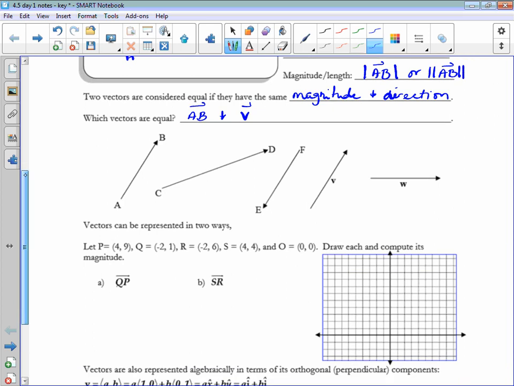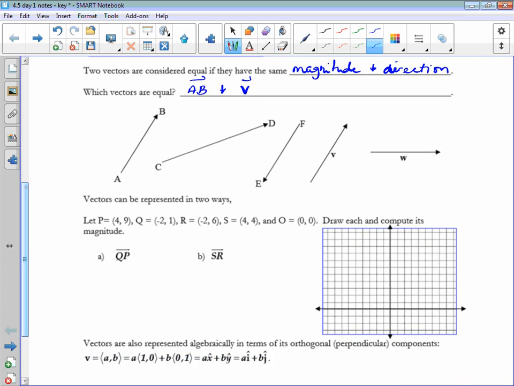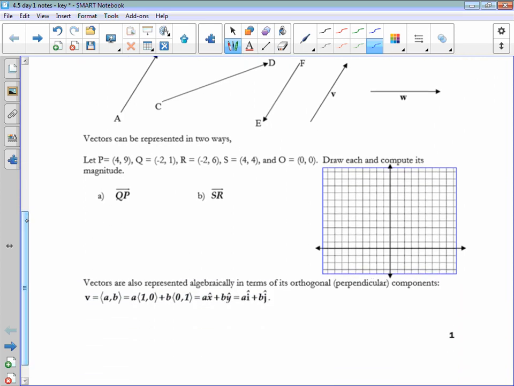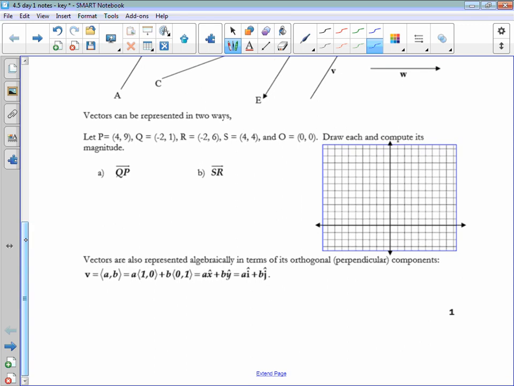Alright, we're going to look at representing vectors graphically now. So you've got these points P, Q, R, and S, and then O's at 0, 0. We're going to draw these, and then we're going to find the magnitude for each. So first we're going to draw vector QP. So Q is at -2, 1.